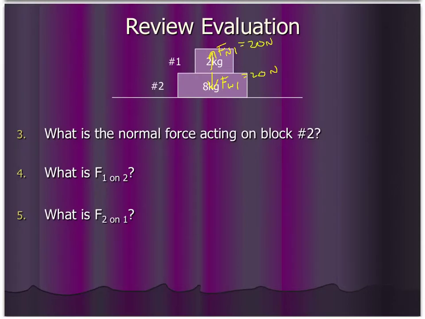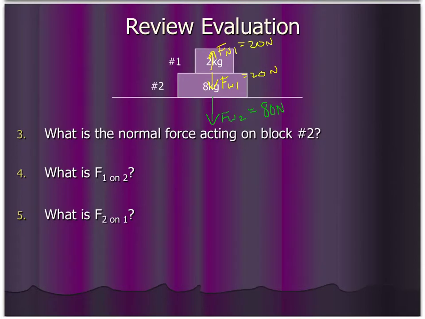Okay. When I look at block number 2, I know that it's going to have an Fw that acts straight down, again, the box's weight, and if it's an 8 kilogram box, then 8 times 10 is going to give you 80 newtons for its weight.